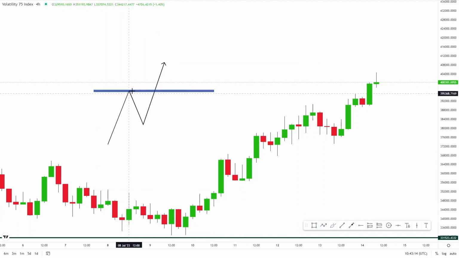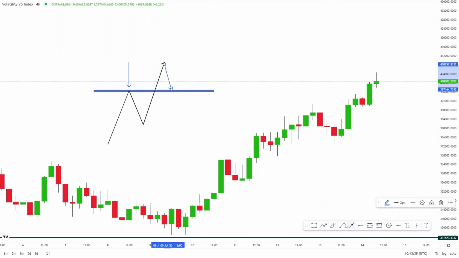So this is the point that I'm looking for, where the price previously has found resistance at some point. This is my first preference when it comes to finding an area which is suitable for the market to retrace, and then find a very good opportunity to go upwards.